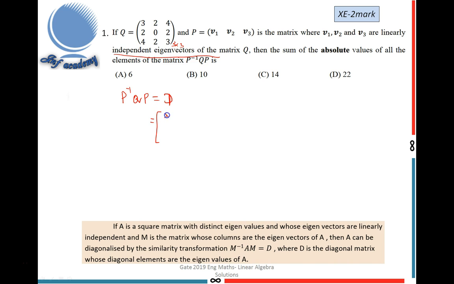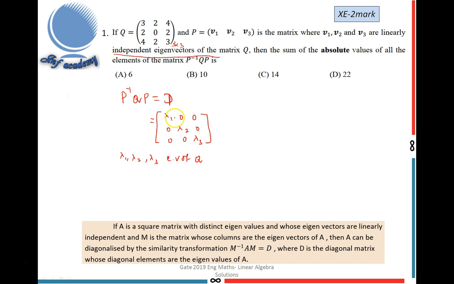So I write lambda 1, 0, 0, 0, lambda 2, 0, 0, 0, lambda 3. This is the D matrix, where lambda 1, lambda 2, lambda 3 are the eigenvalues of the Q matrix. P inverse QP equal to D, where D is the diagonal matrix whose diagonal elements are the eigenvalues of Q.